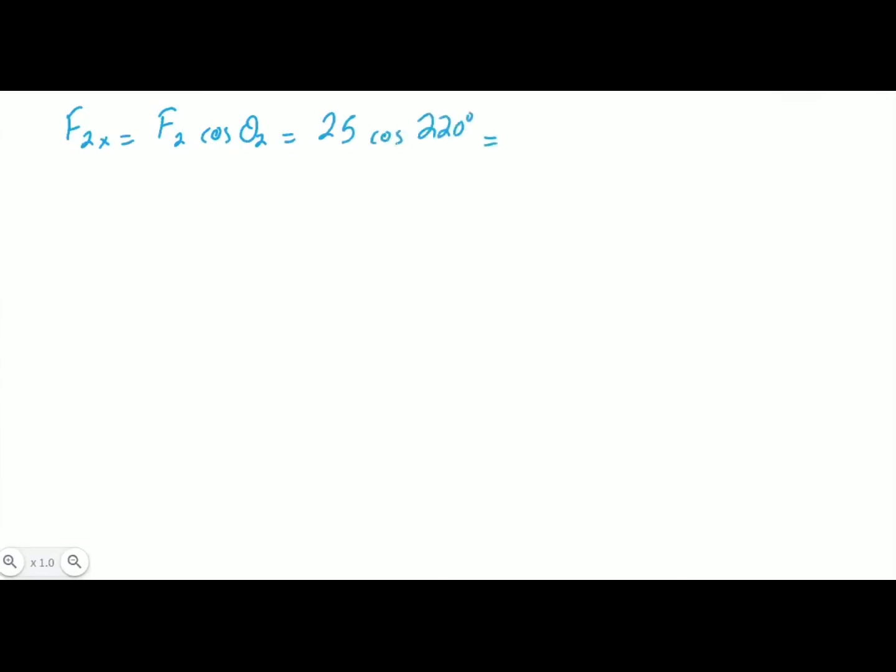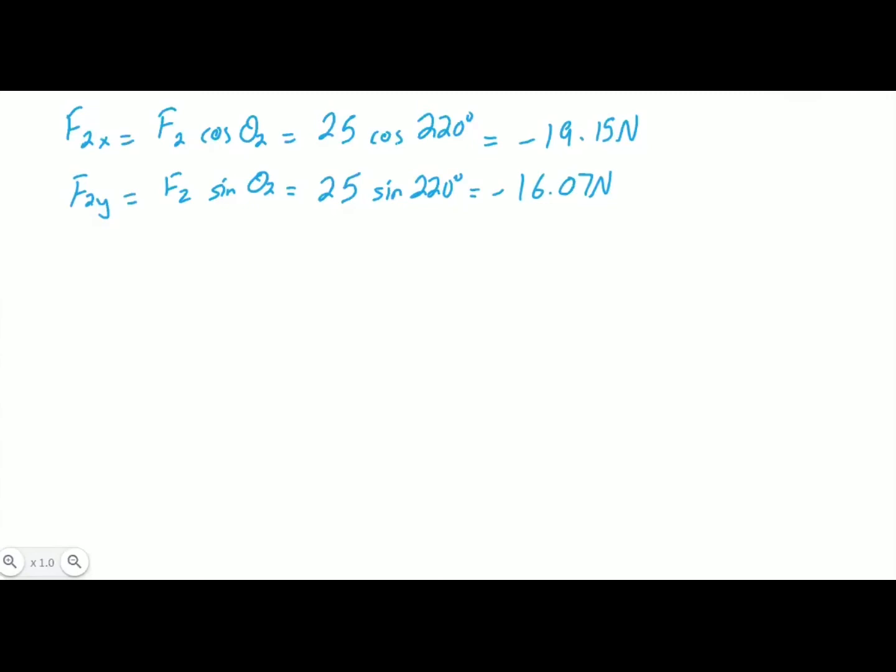So F2x is equal to minus 19.15 Newton. And similarly, F2y will be equal to F2 sine of theta 2, and F2 is 25 and sine of 220 degree, and this will be equal to minus 16.07 Newton. So these are the four values of the rectangular components of these two given vectors.